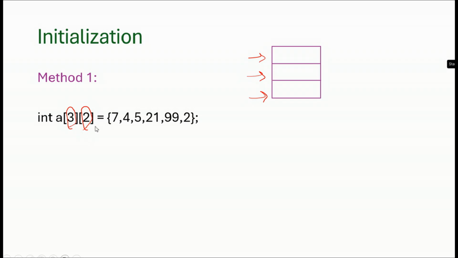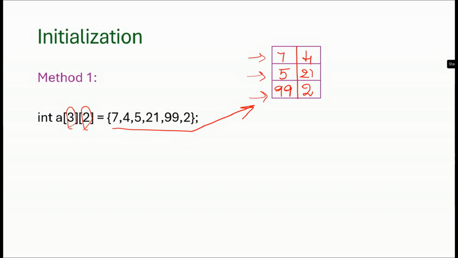So as per this, each row should have two elements. The first two elements will be stored in the first row and the next ones in the next row. In sequential manner, the values will be allotted in this array. But sometimes this is a bit confusing to the user.